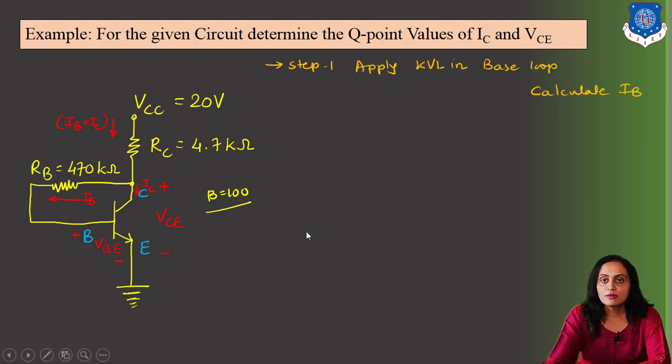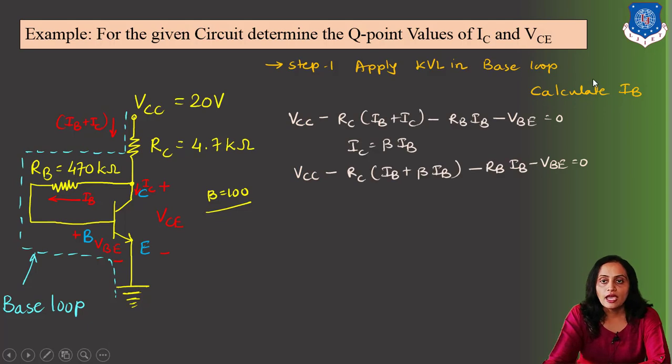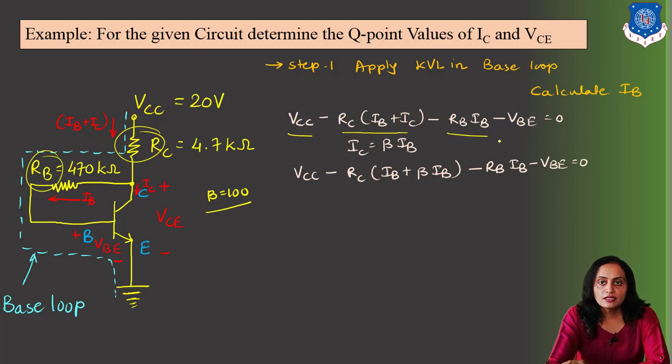Step 1 is to apply KVL in the base loop. So what is the base loop? This is the base loop shown, that is from VCC to ground through the RB. Now we will apply KVL in this base loop to find the value of IB. The KVL will be: VCC minus the drop across RC, that is RC into IB plus IC, minus the drop across RB, that is minus RB IB, minus VBE, is equal to 0.